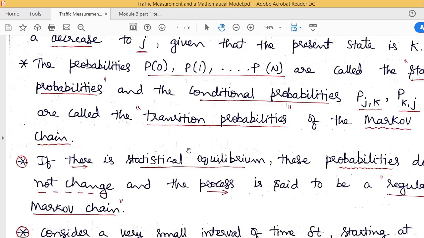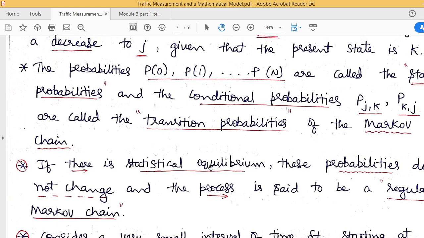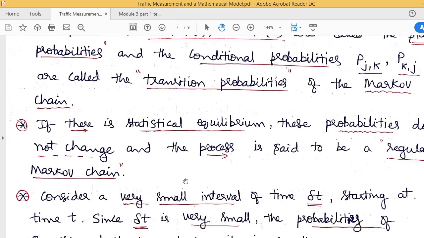So basically we are dealing with a mathematical model for traffic by assuming it satisfies statistical equilibrium. According to statistical equilibrium, all probabilities are not going to change. Almost all of them remain the same. Such a scenario is called a regular Markov chain.